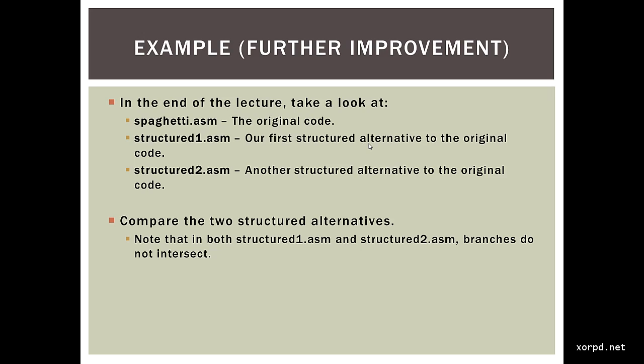It is just a bit different, and maybe you will like it more. The difference between those 2 and which one is more readable is mostly about opinion. Therefore, I recommend you to take a look at this one too. You should note that in both of those examples, branches do not intersect, which is what it all comes down to. We don't want our branches to intersect.